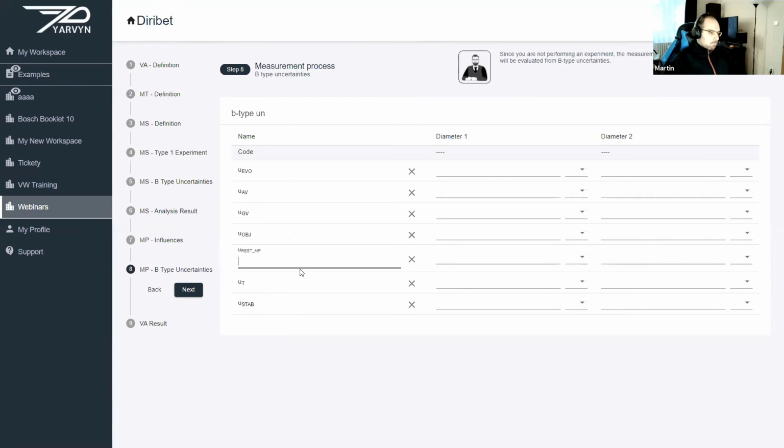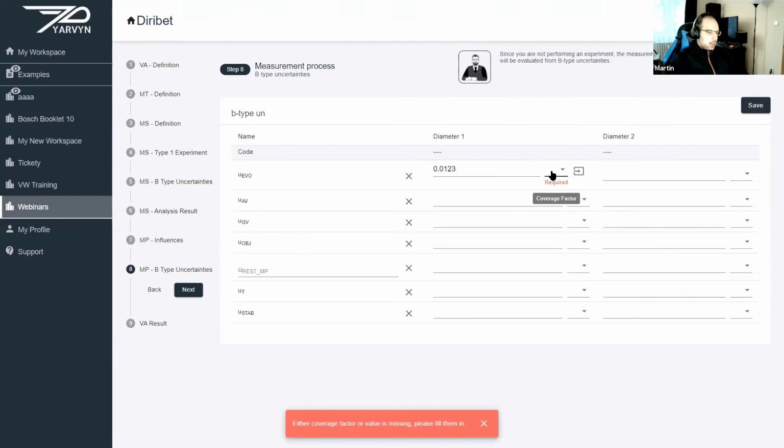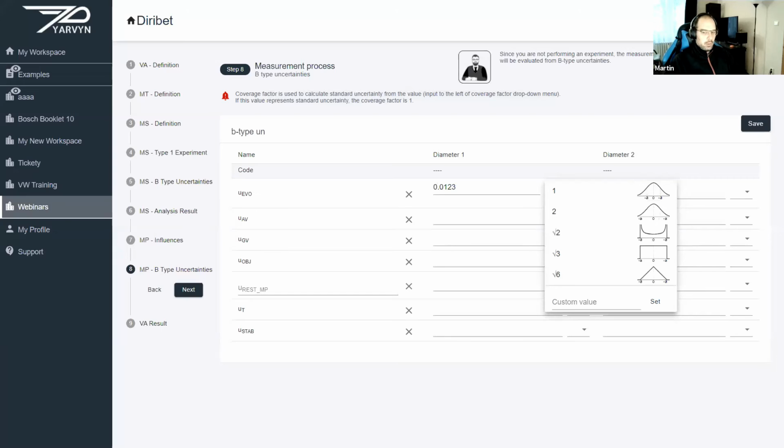And if you want to fill the B-type uncertainty, you need to add two numbers. First is the value, and the second is the coverage factor. Here it depends what the value represents. If the value represents uncertainty, you will choose the factors of 1 or 2.